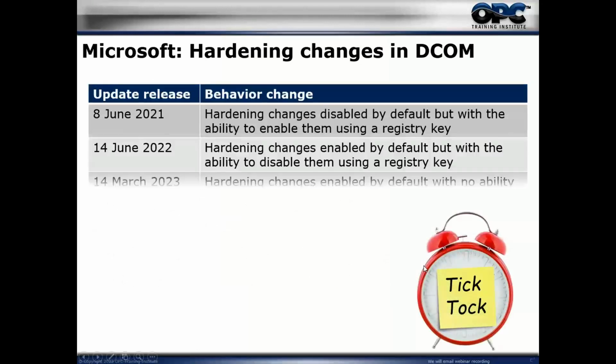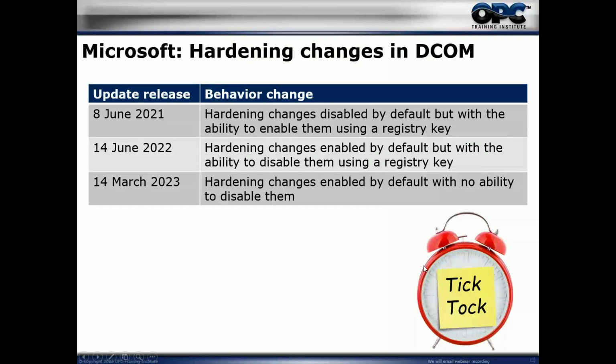What's going on? What's the timeline? So in June of 2021, about 2.5 years ago, Microsoft added the change to Windows. This DCOM hardening change was available, but it was turned off by default. So the only way to turn it on is to go into Windows Registry and activate it.